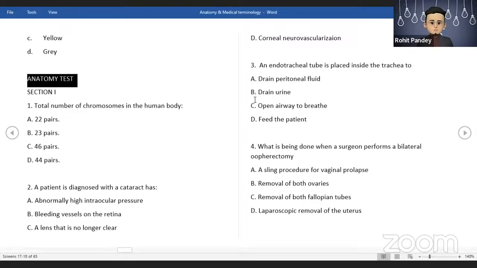Okay, the third one: an endotracheal tube is placed inside the trachea to drain peritoneal fluid, drain urine, open the airway to breathe, or feed the patient.